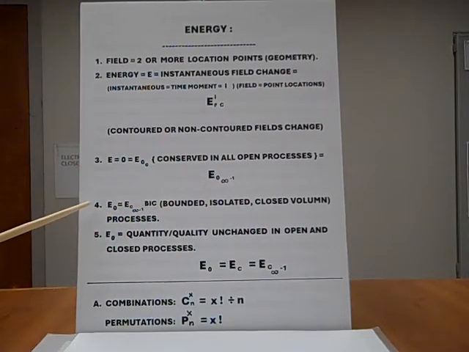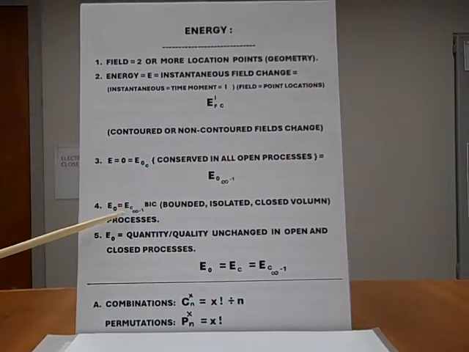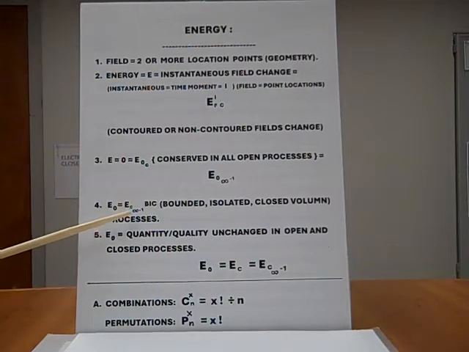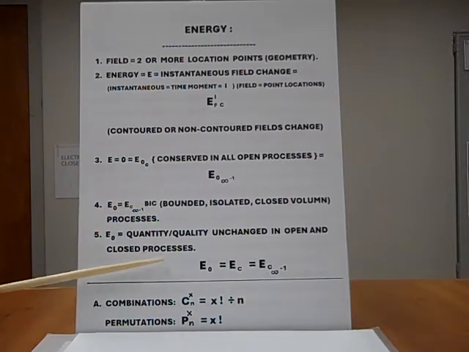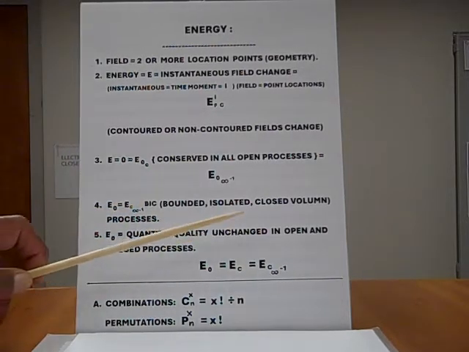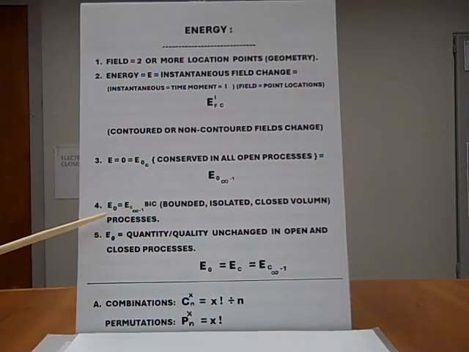We'll go to number 4. Energy subscript 0, which equals energy subscript C times infinity minus 1 times BIC, B-I-C, which means bounded, isolated, or closed volume system of processes.